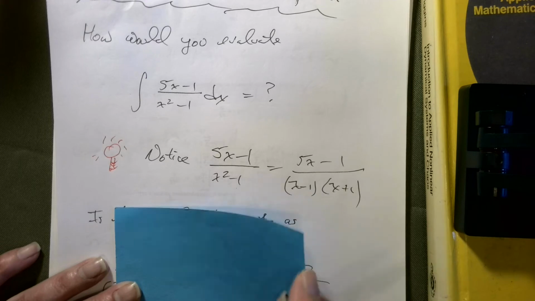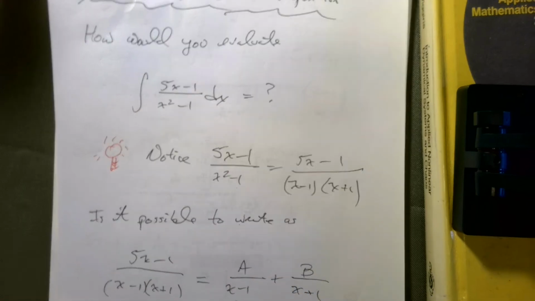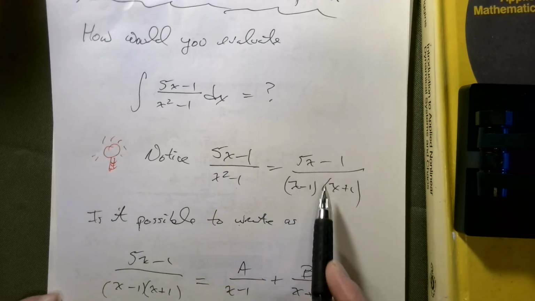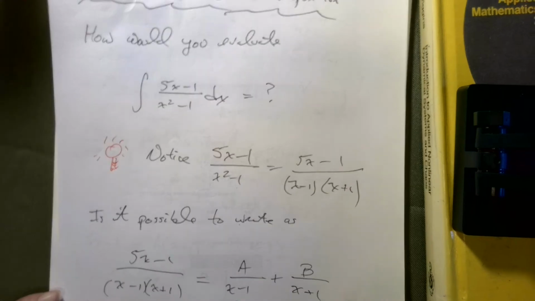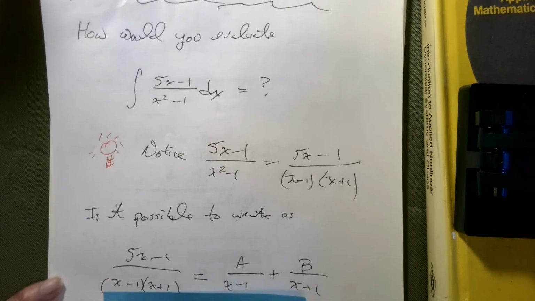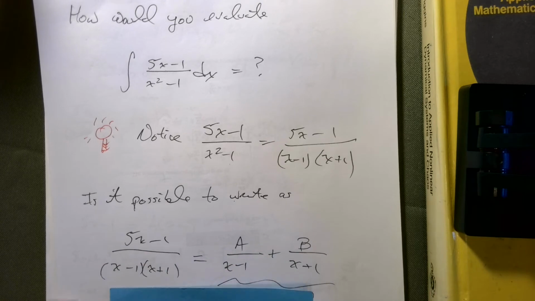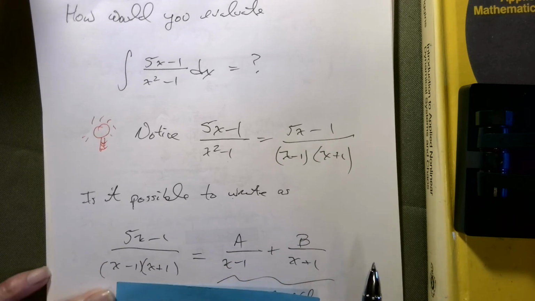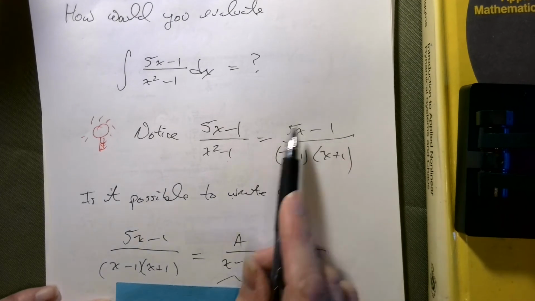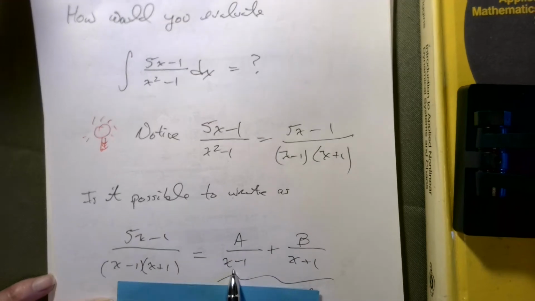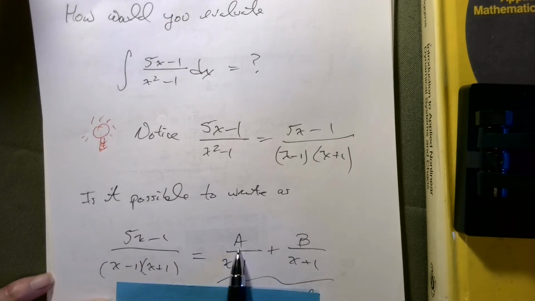And so a question comes up, is it possible to take this and break it up into two pieces? And the reason for that, so the question comes up is, can I actually take this and break it up into two pieces where A and B are some as of yet undetermined constants? And the reason for that is because then this would become an ln problem.